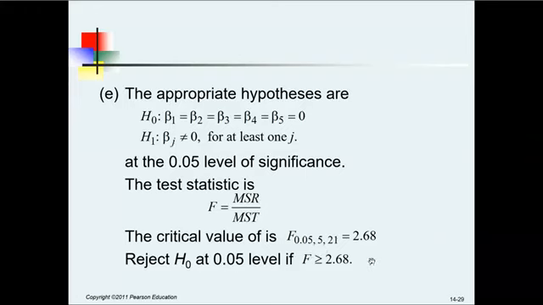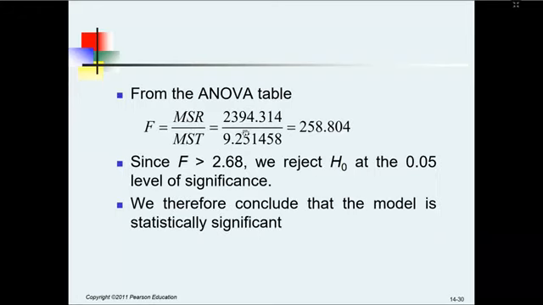That gives the F value, which is equal to 258.804. Because it's greater than 2.68, we reject H0. Rejecting H0 means that the regression model is statistically significant.